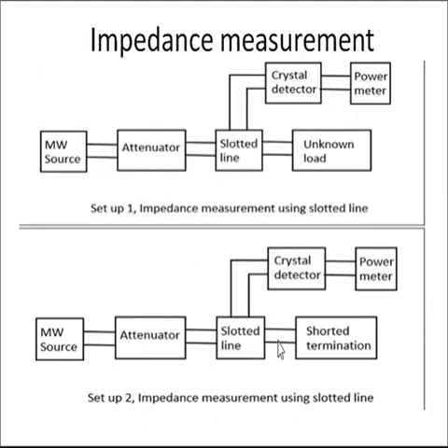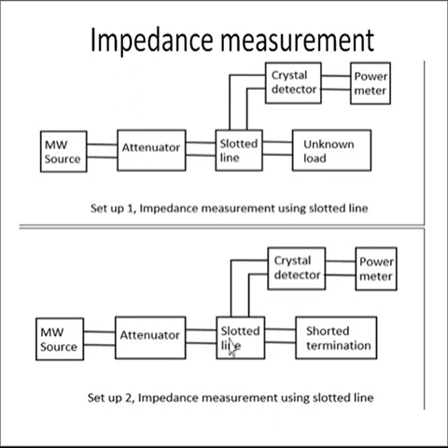Next, in setup 2, the modification is that the unknown load we connected in setup 1 is replaced with a short circuit. When the signal is transmitted through the transmission line, it will face the short end, and because of that short circuit end, waves will be reflected back.